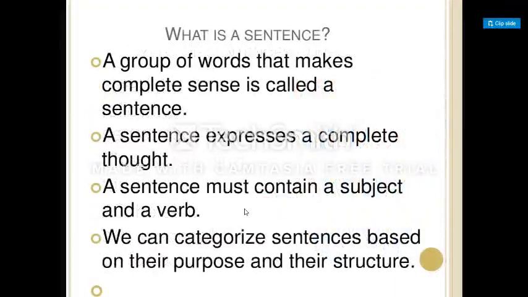Sentences have two types, keeping two categories in mind: types of sentences based on their meaning or purpose, and sentence types based on their structure.